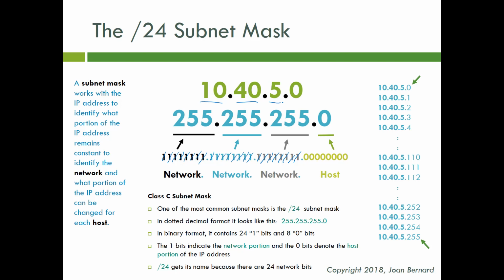The only octet that can change is the fourth octet. That value always begins with 0 and ends with the largest value of 255. Devices in this network must have one of these IP addresses. The list here is abbreviated because there isn't enough room to list every IP address from 0 to 255.